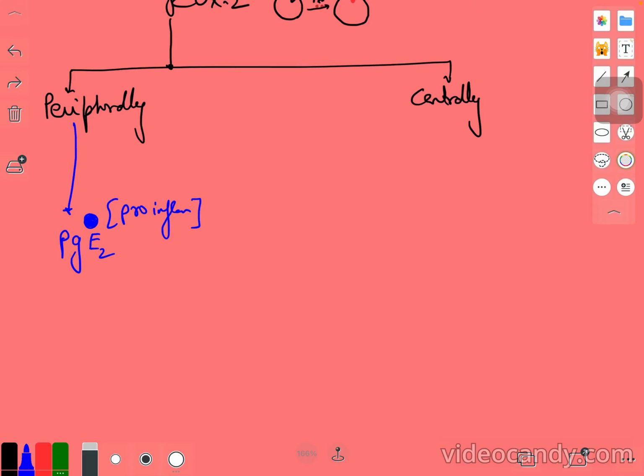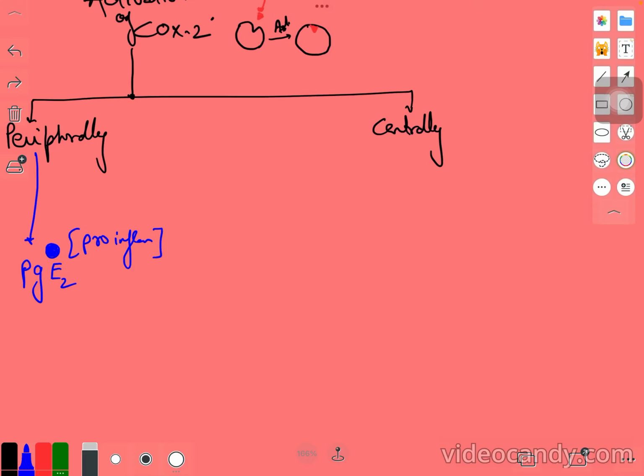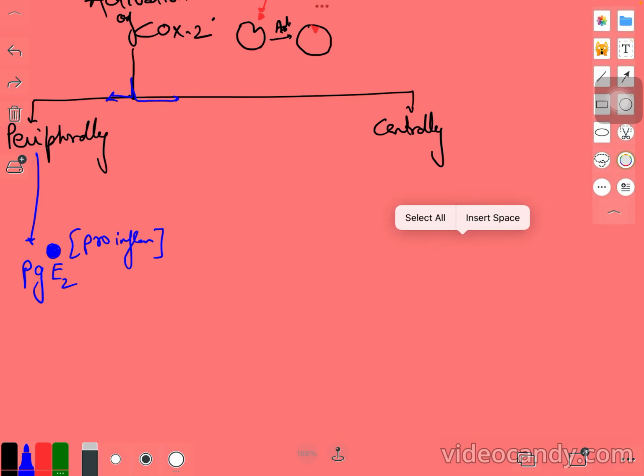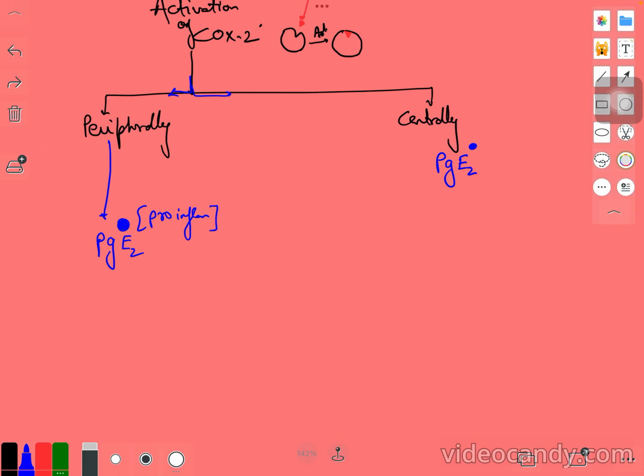Centrally this activated COX enzyme can reach, and over there it can produce prostaglandin E2 as well. Over there also it has two main areas, and it can reach over here as well. Over here also it will cause formation of prostaglandin E2, right.